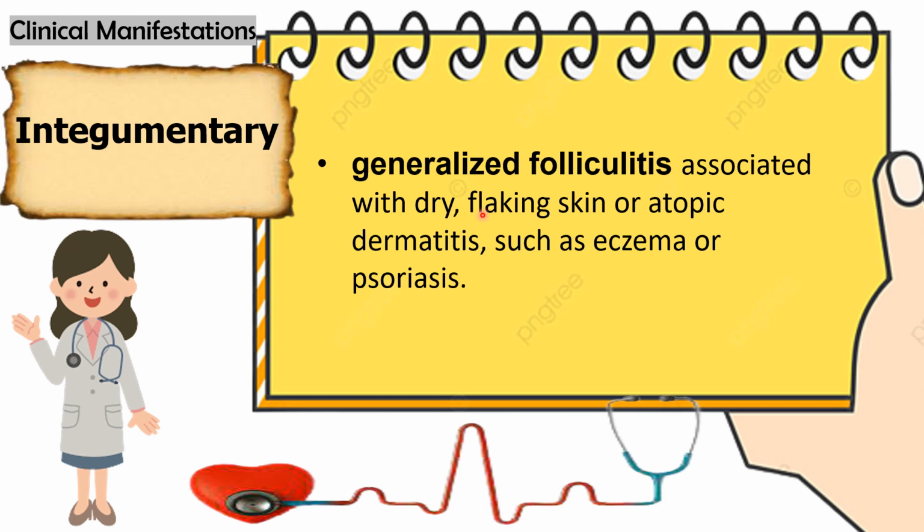Patients with any of these rashes experience discomfort, have body image changes, and are at increased risk for infection due to disrupted skin integrity. There may also be generalized folliculitis associated with dry, flaking skin, or atopic dermatitis such as eczema or psoriasis.